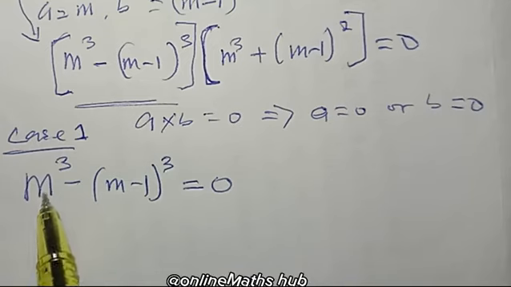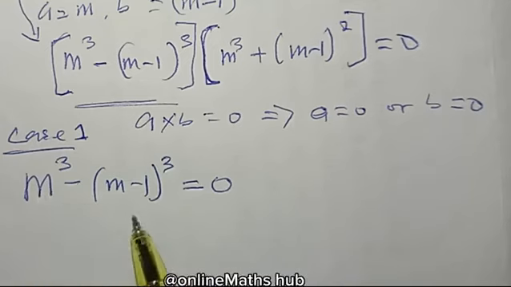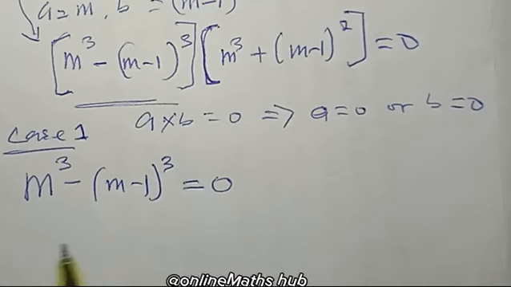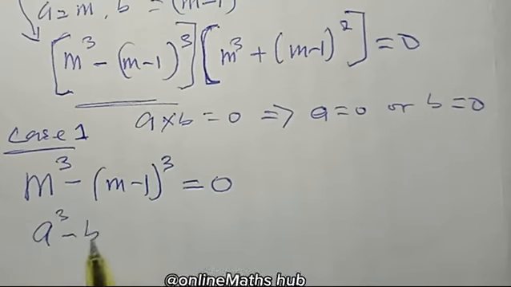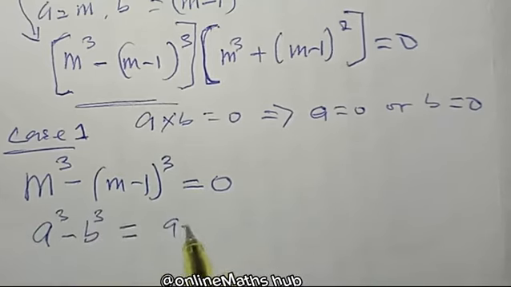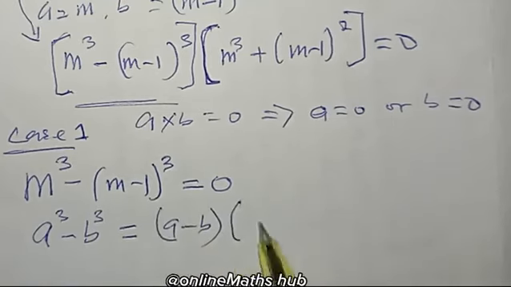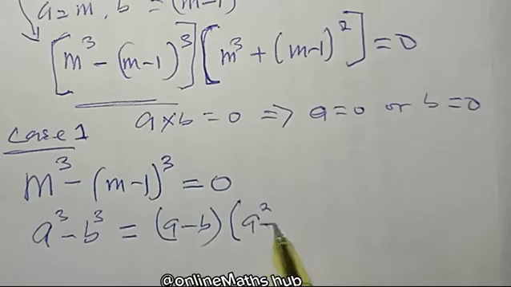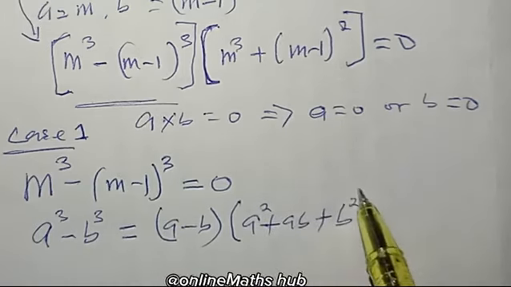Clearly, what we have here is a difference of two cubes, and you can remember that a power 3 minus b power 3, if you expand it, gives you a minus b multiplied by a squared plus ab plus b squared.